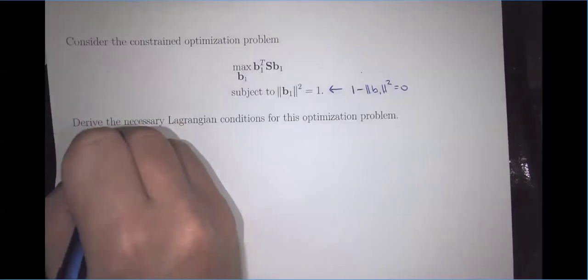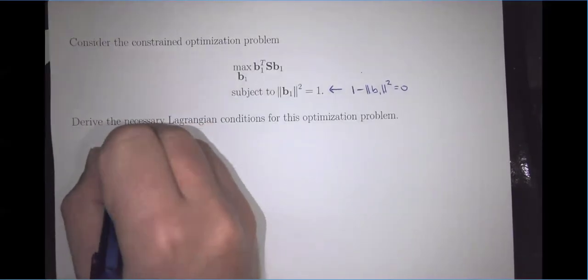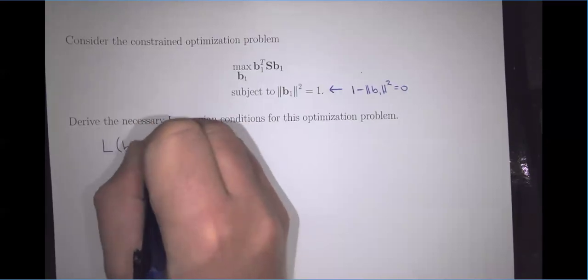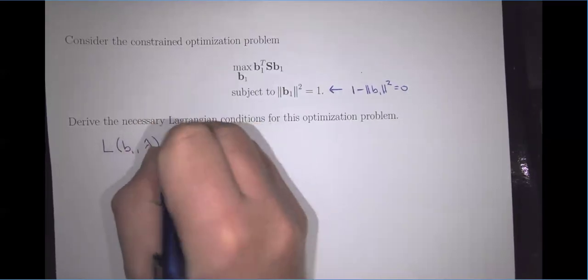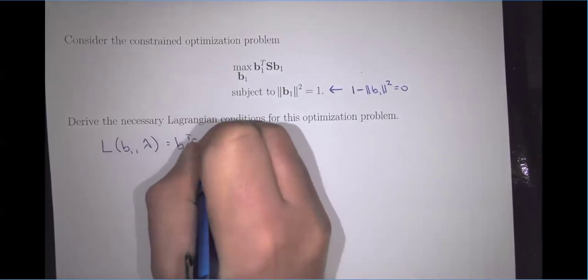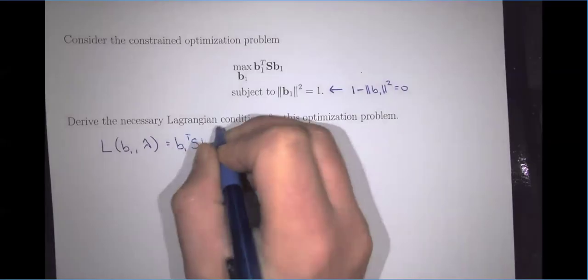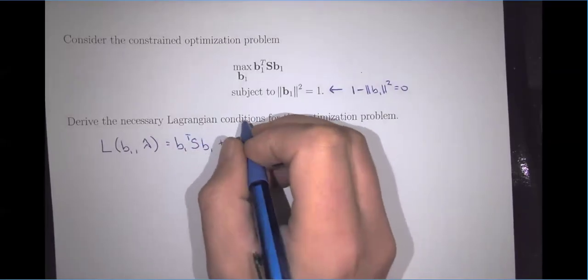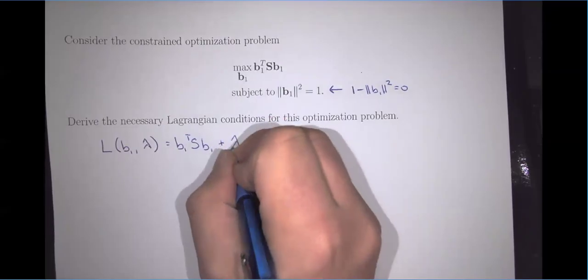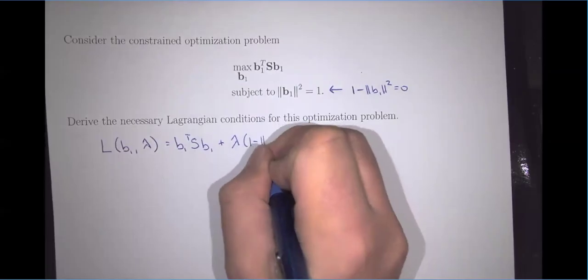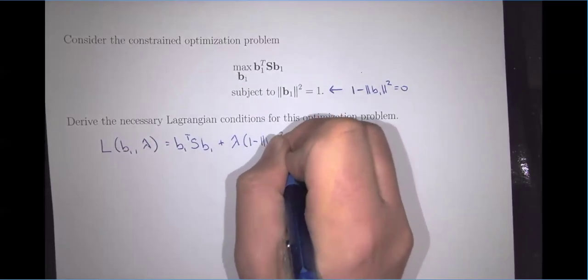So our Lagrangian, L of B1 and lambda, is equal to B1 transpose S B1 plus our lambda times 1 minus the norm of B1 squared.